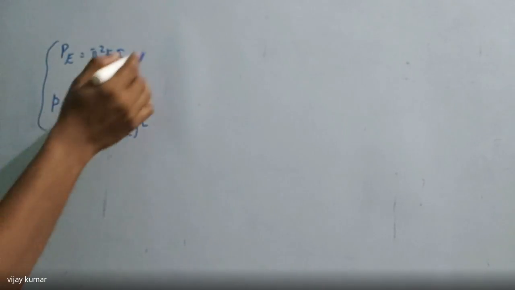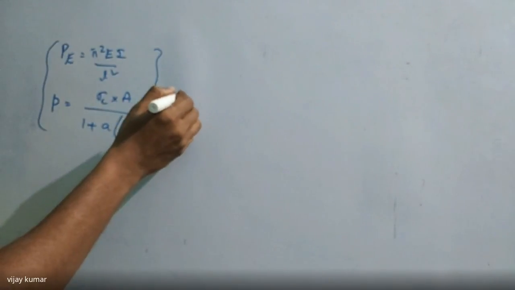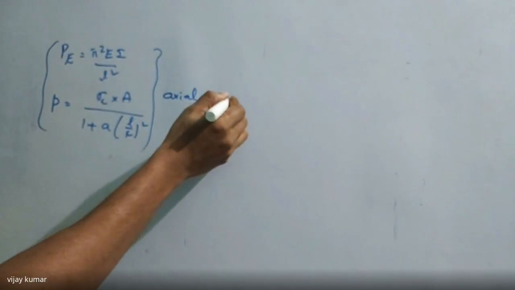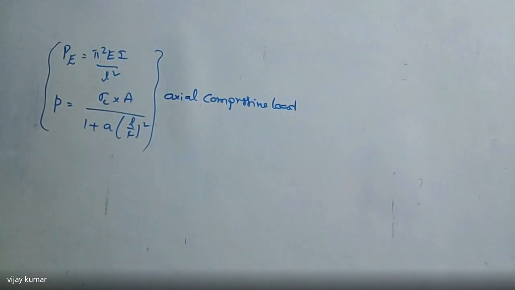These are the values of critical loads according to Euler's and according to Rankine's formula. These two formulas are for axial compressive load. To find the critical load when the column is subjected to axial load, we can use these formulas.